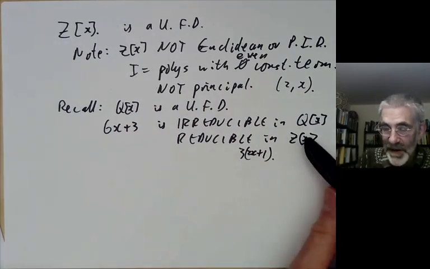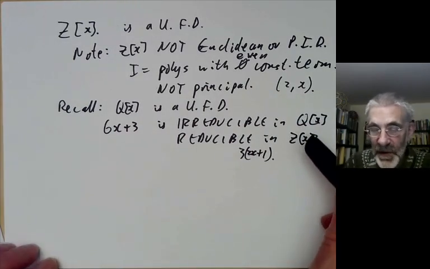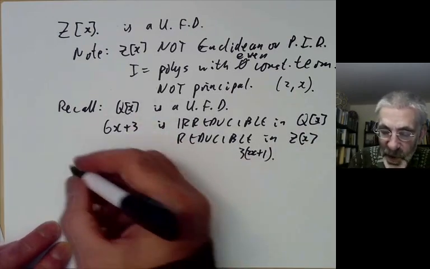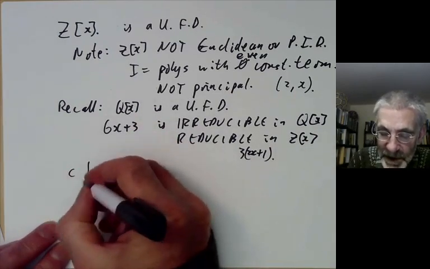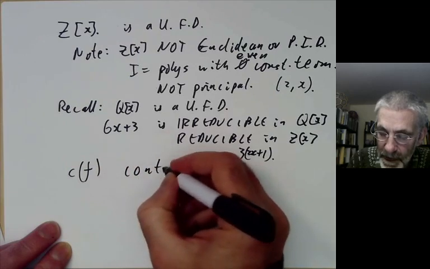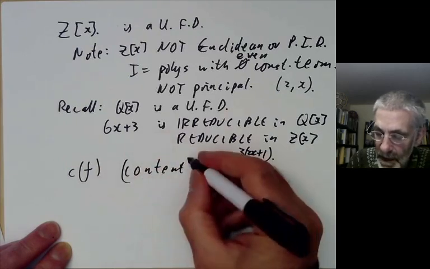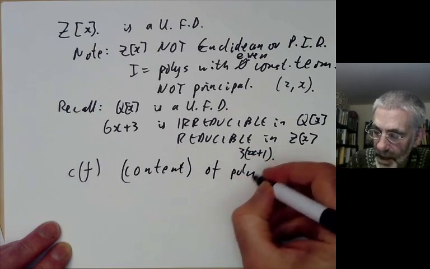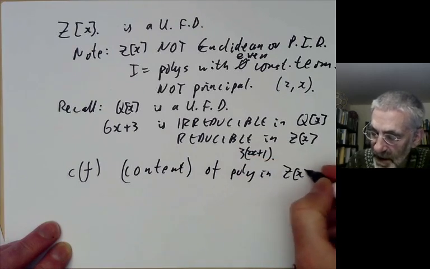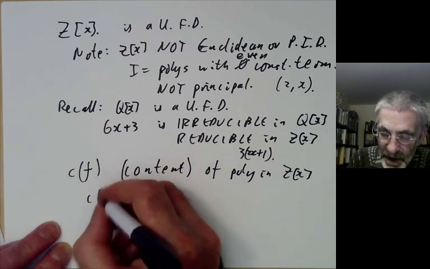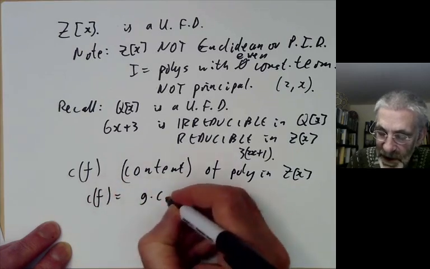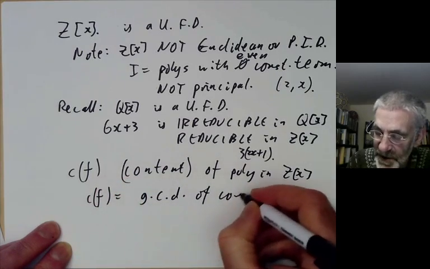So in order to prove that the polynomials over the integers have unique factorization, we need to deal with this problem. So what we do is we define the content of a polynomial in Z[x]. The content of f is the greatest common divisor of the coefficients.